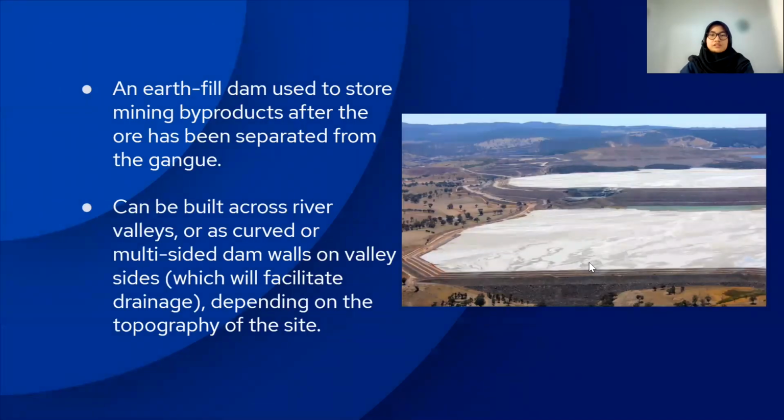Tailing dams are an earthfill dam. It is used to store mining byproducts after the ore has been separated from the gangue. Depending on the topography of the site, the dam can be built across the river valleys or as curved or multi-sided dam walls on valley sides. This will facilitate drainage.